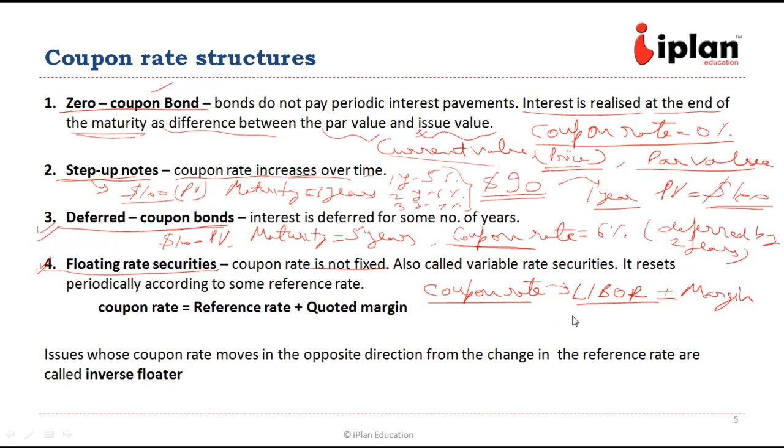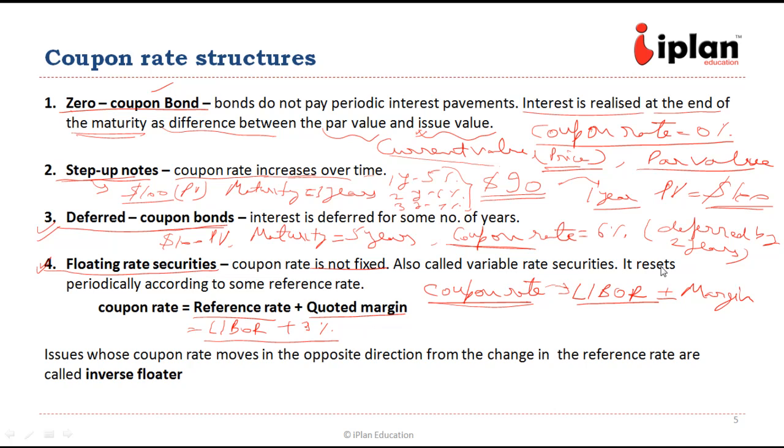So as the interest rate in the market is changing, the coupon rate is also changing according to that. So there could be a reference rate and a quoted margin. For example, we can write LIBOR plus 3%. This is the case of floating rate security, which is also called a floater.